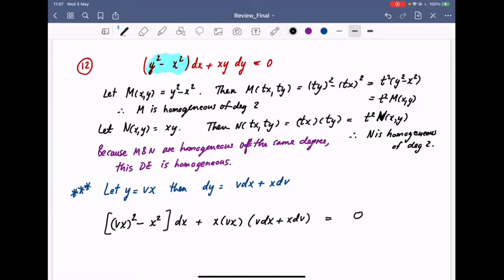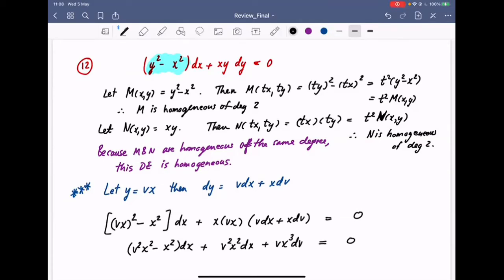This is guaranteed to be a separable equation, but we need to simplify it. Go slow, step by step, because you can easily make a mistake on this messy step. I multiply it out, so I get v squared x squared dx, and I get v x cubed dv.